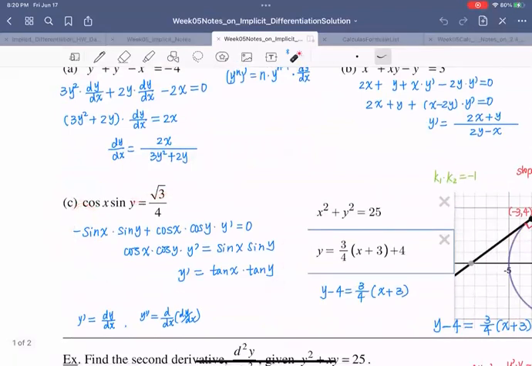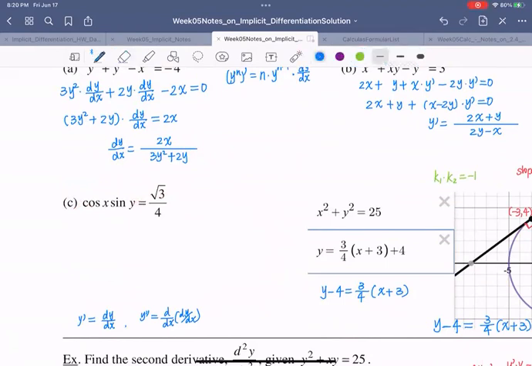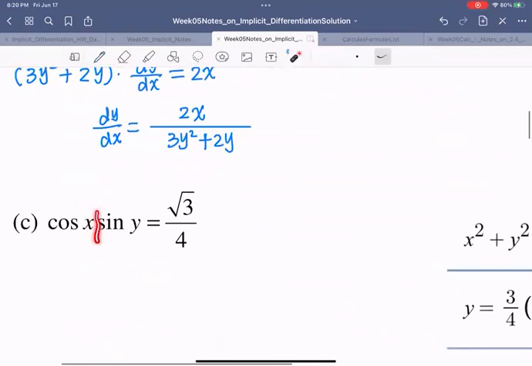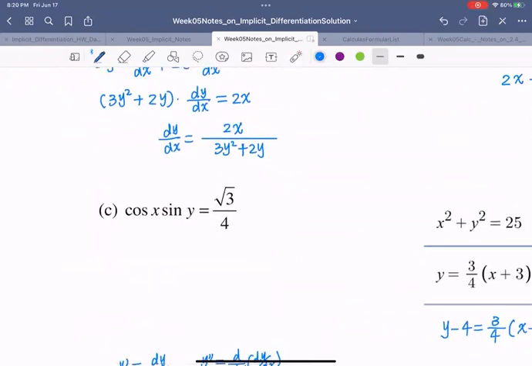Let's try C. It's going to use the product rule. You split this from here. So you will do this piece's derivative times this guy, plus this guy times this guy's derivative.